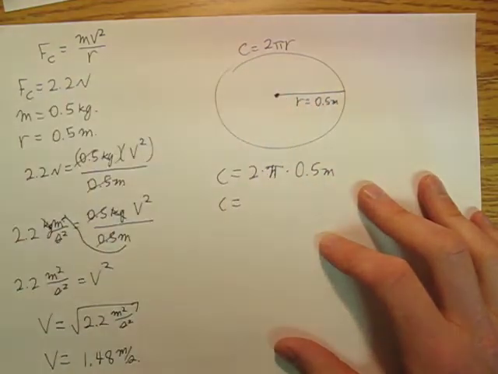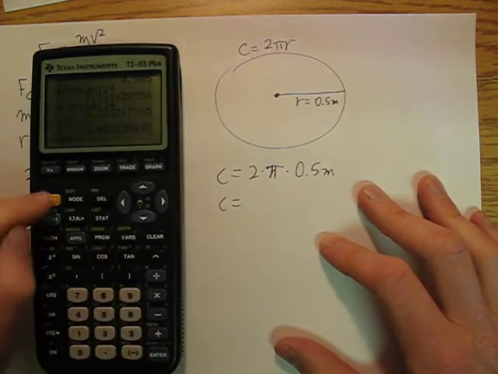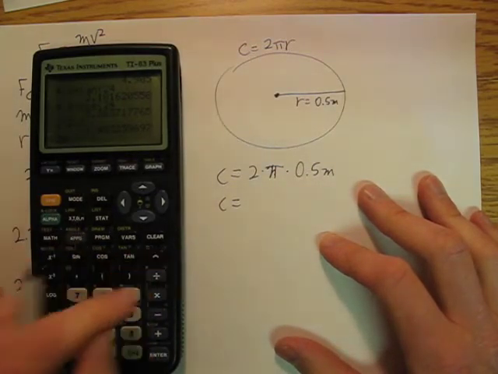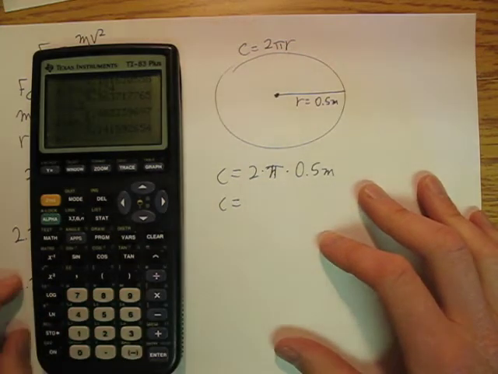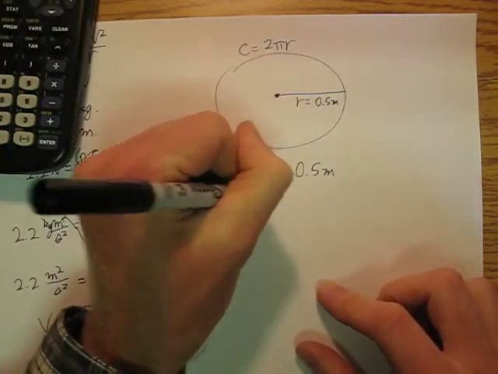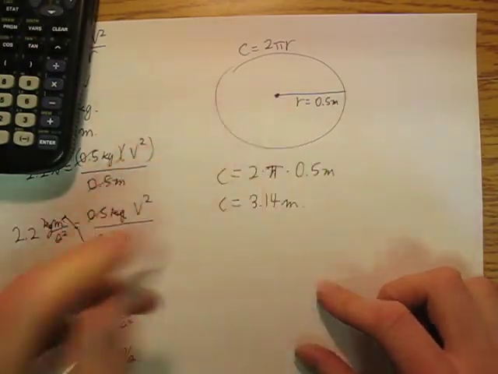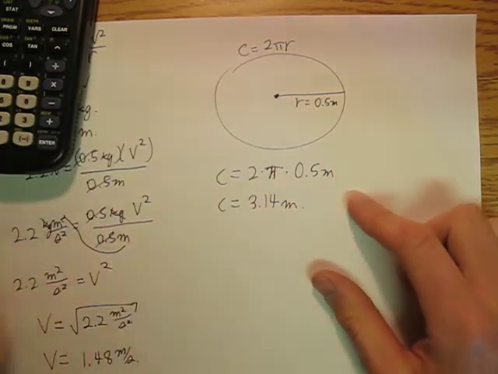So my circumference is 2 times pi times 0.5, 3.14, well I could have done that in my head, 3.14 meters. Because 2 times 0.5 is 1, so you get pi.